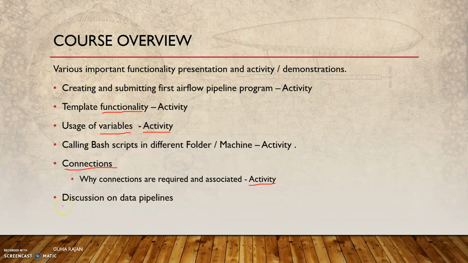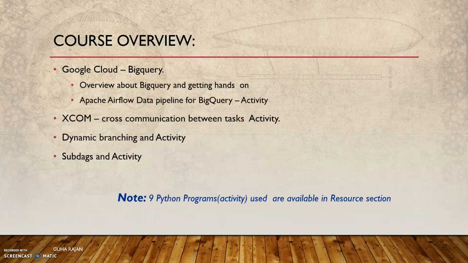Then we'll be discussing data pipelines, where they are commonly used, that I'll be presenting. And then as such, Google Cloud Composer is extensively used also in the Google Cloud environment.